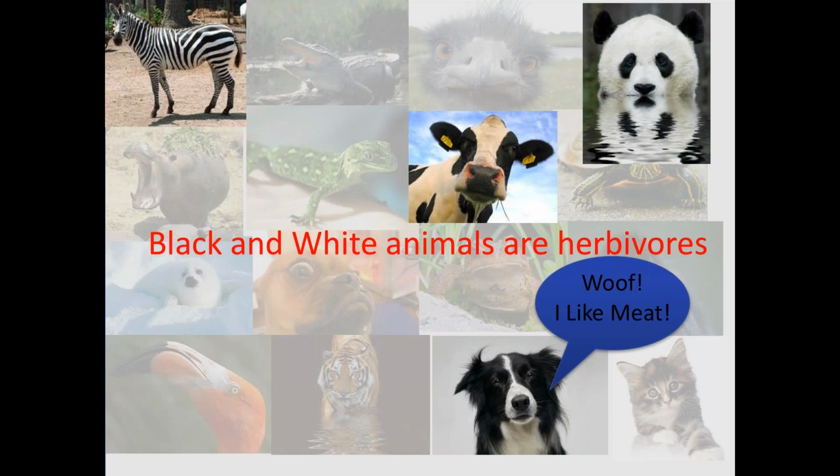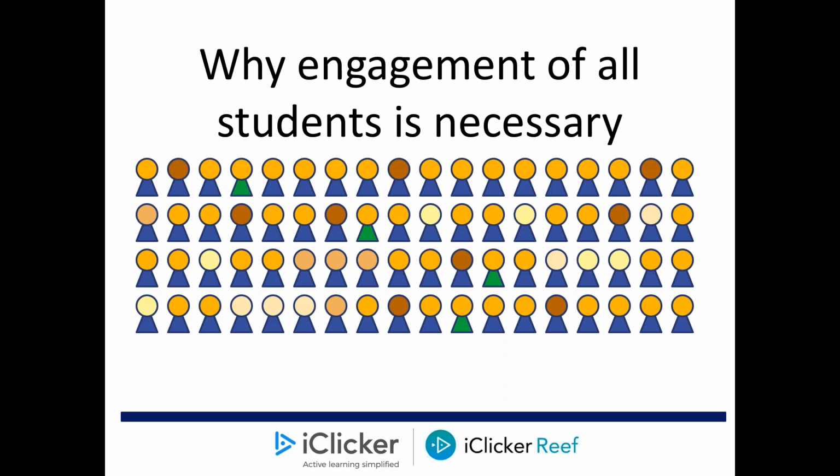What I like about this system, or any of these systems that you use in the classroom, is that it engages all of the students, and you're able to understand what's happening without having to listen to every single student.